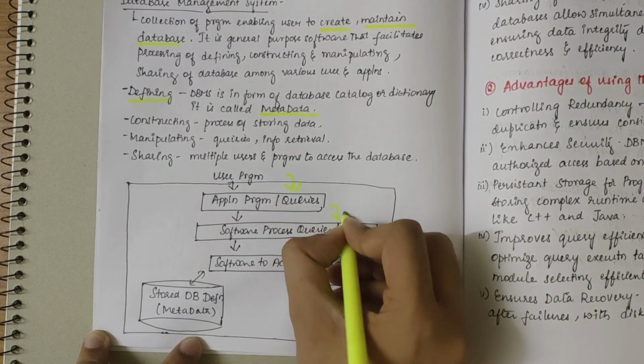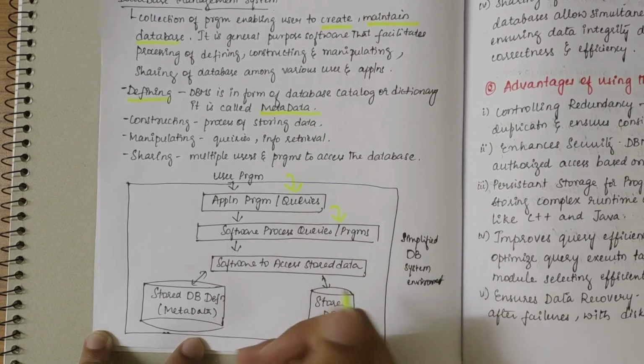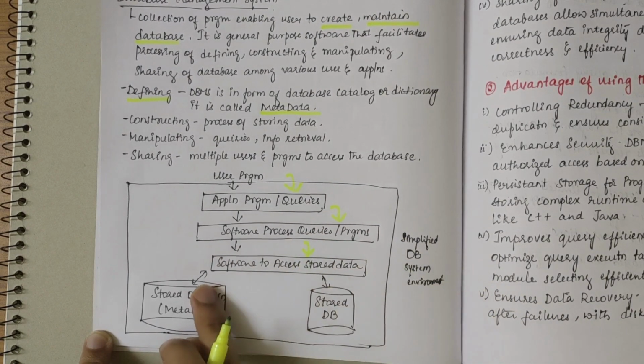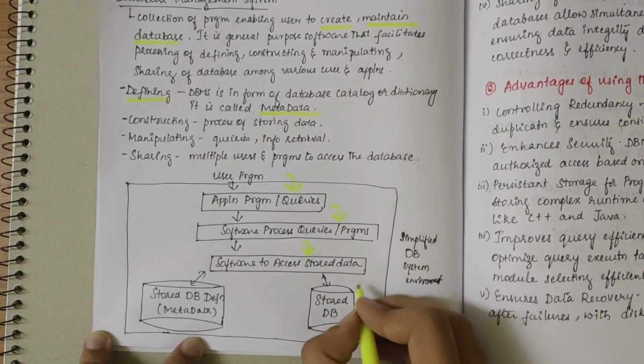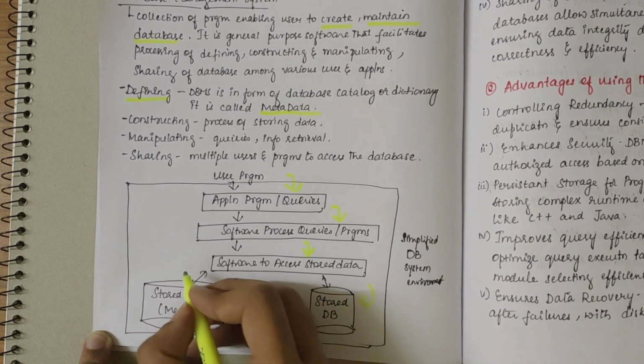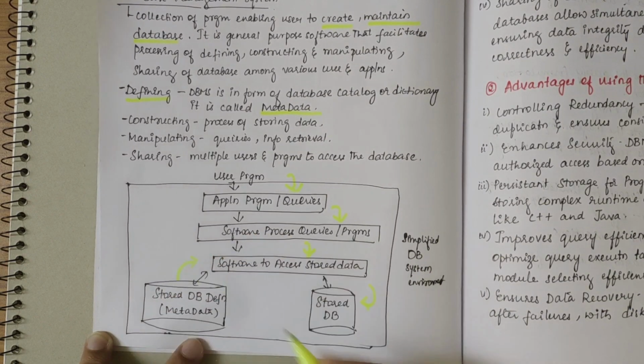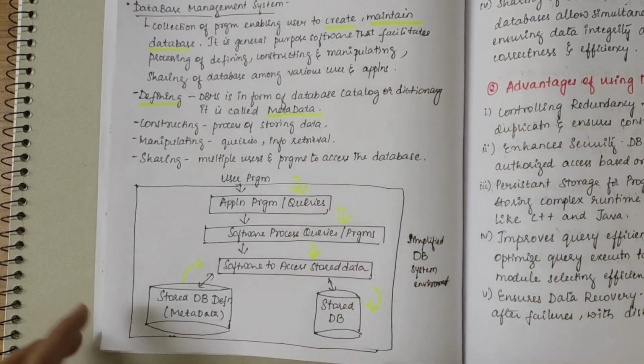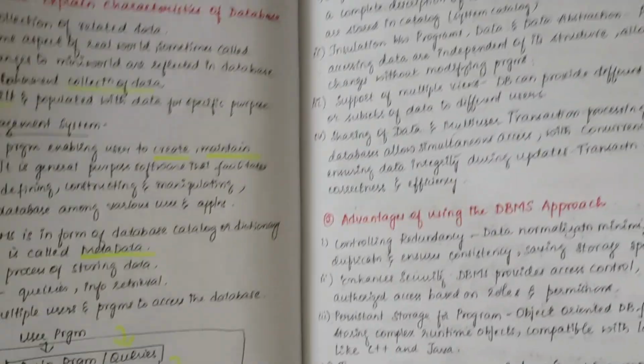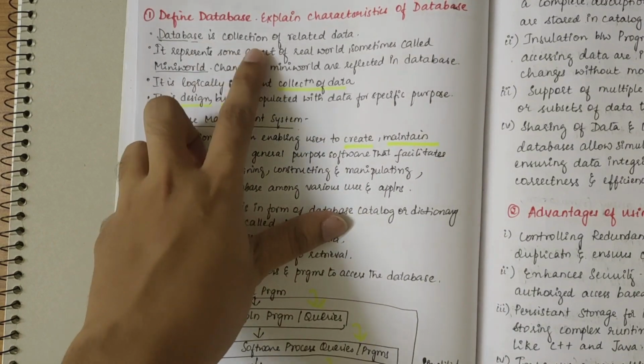These queries are taken to the software and processed, and further there is software to access the data from the database or from the metadata. Once the data is accessed, it is provided to the user as output. So this was about the definition of database.